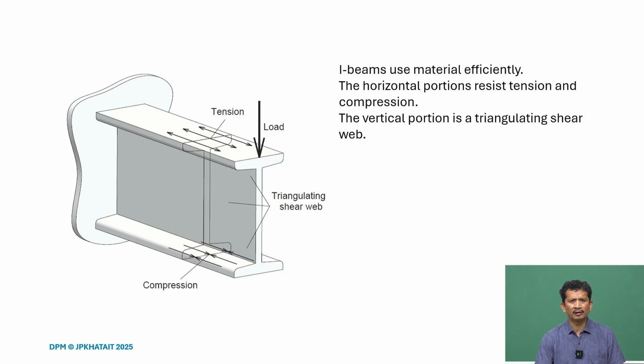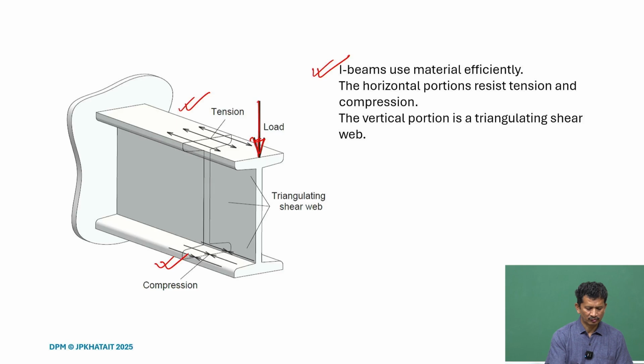So, here is an illustration. In most civil applications, what we talk about is I beams, and if we relate this to the design principle, we will be able to understand why I beams are used more often. Because of the bending load, the top and the bottom layers take the maximum load, either in tension or compression.